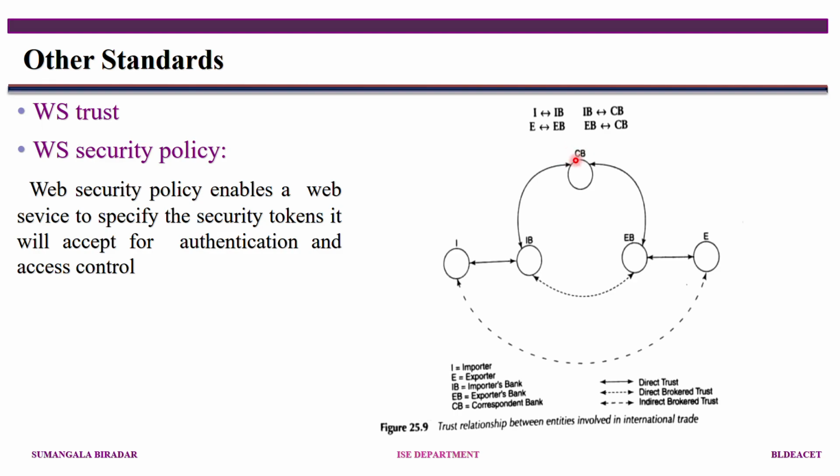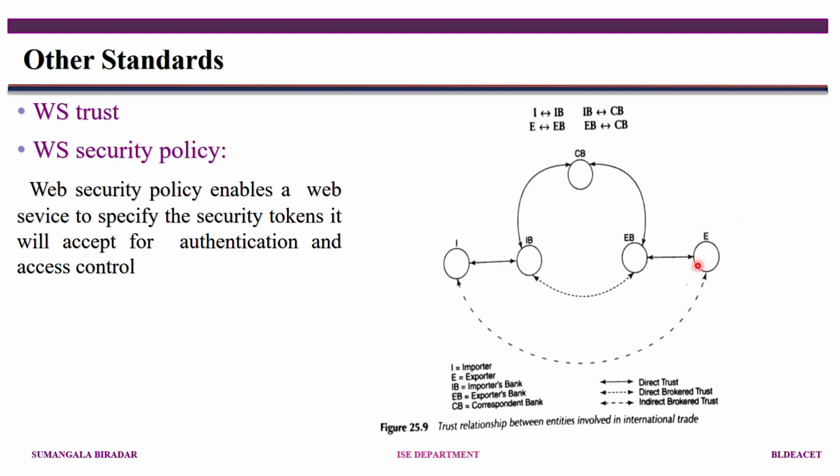Now CB trusts IB. CB does not check the identification of I here. It trusts IB, the importer's bank, and generates a security token, and sends that security token to IB. Next, IB will transfer that security token to I. Now I can send that security token to E, the exporter.